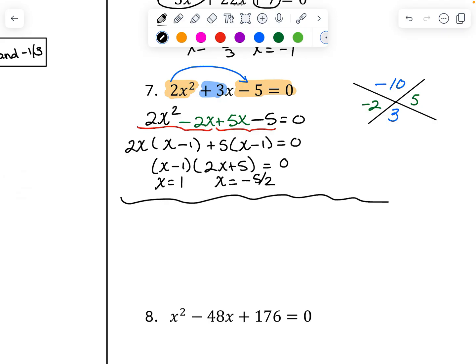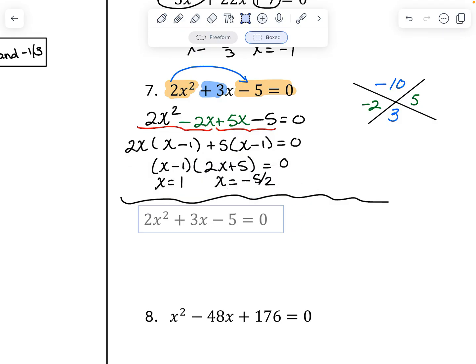Going with just guess and check. And friends, guess and check, I think, is easier, especially when your first term is a prime number and your last term is a prime number.